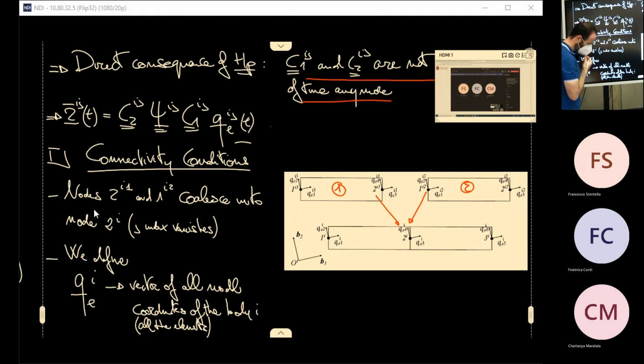What we want to basically do is to introduce a connectivity matrix.